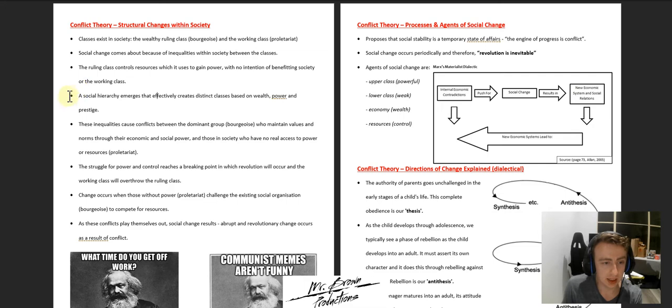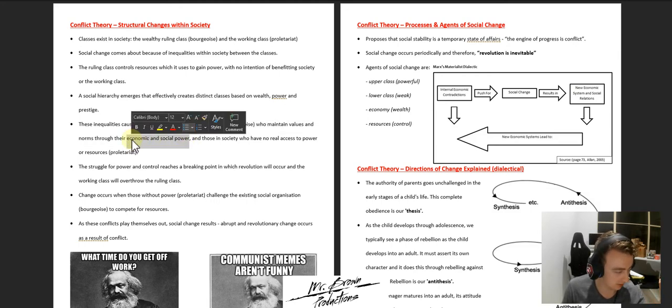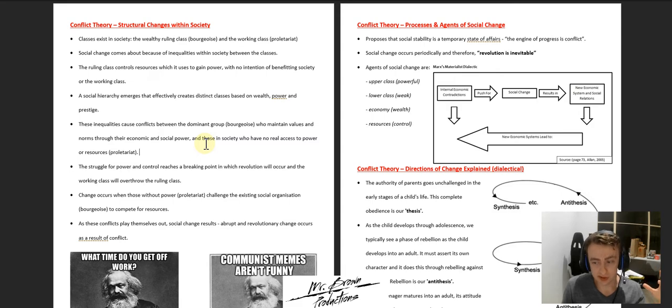The next point here is that these inequalities cause conflict between the dominant group, so the bourgeois, who maintain their values and norms through their economic and social power, so they maintain their power, and those in society that have no real access to power or resources.